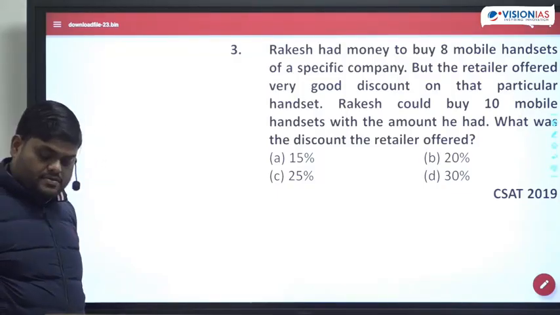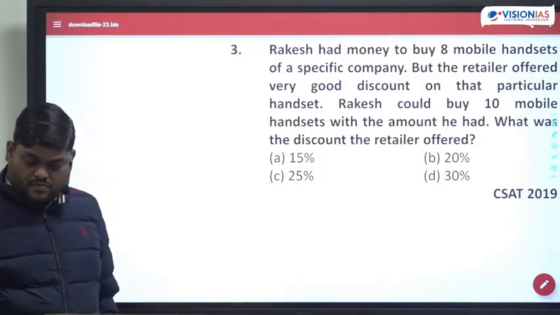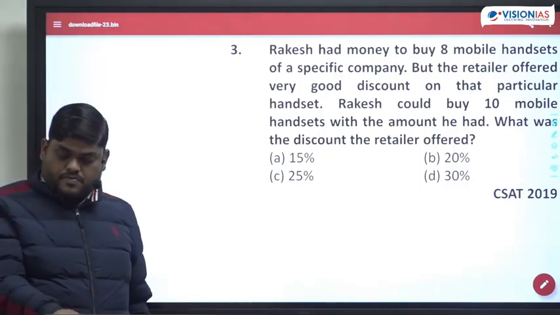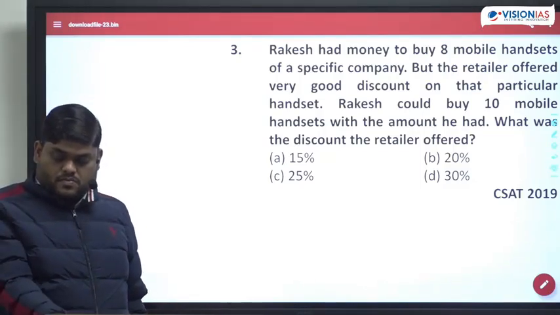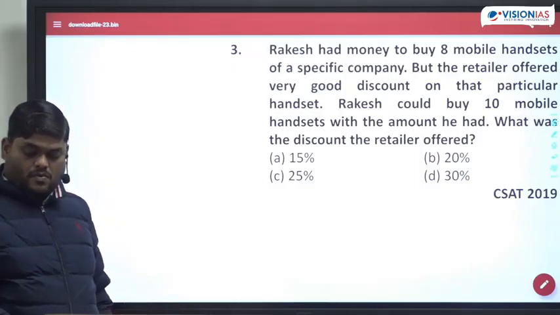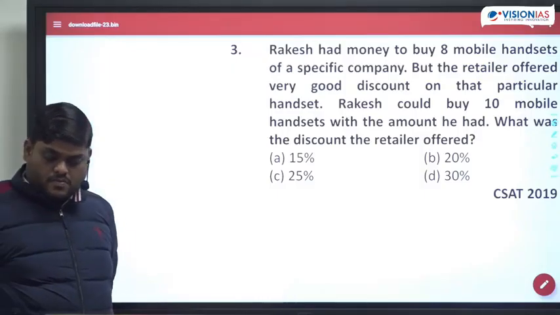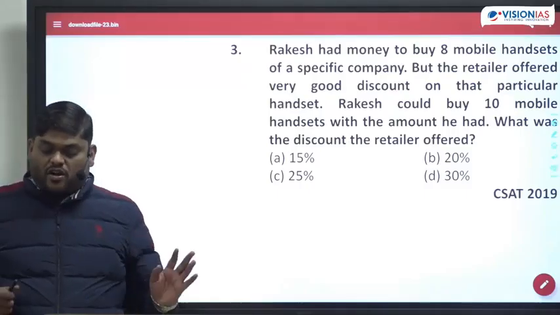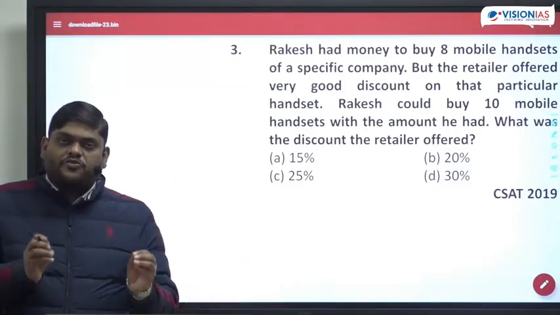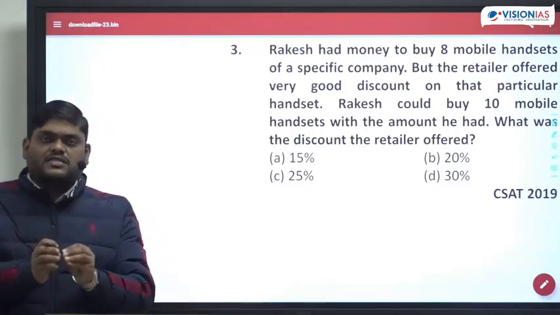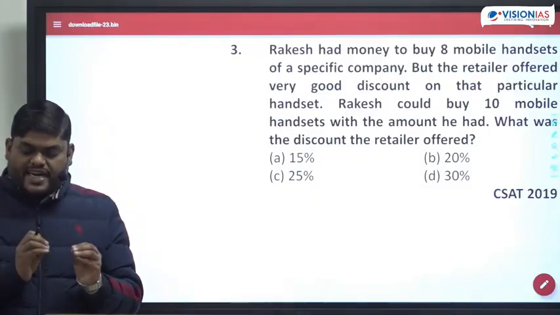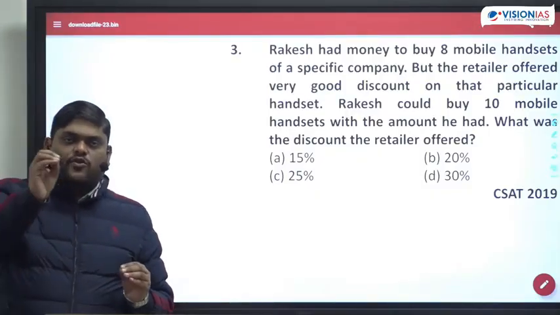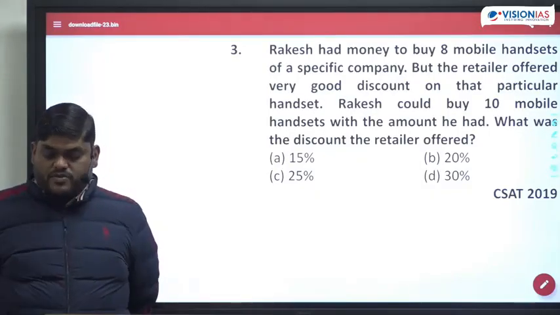Question number 3. Sagar, we cannot calculate the profit and loss on the market price. Profit and loss should be calculated on the cost price. Don't get confused. Discount is calculated on the market price. I hope this is clear.